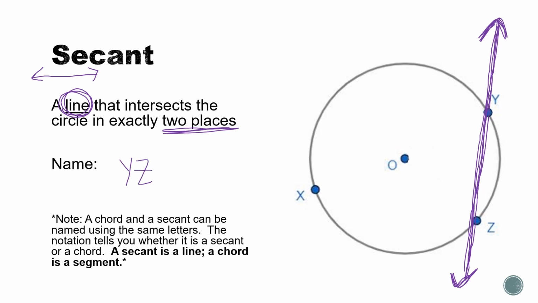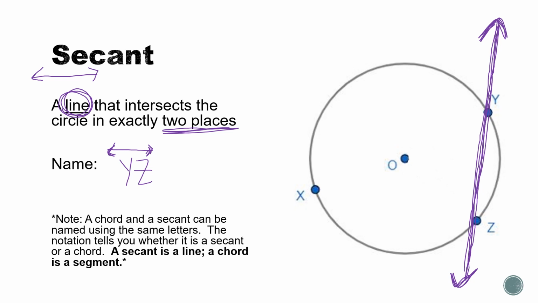Now, because it's a line, I need to have that line symbol directly above those letters. So I need to have that dash and make sure you have those arrows. This is what I mean with notation is super, super, super important, okay? Because look at that nice little note that I have given you.